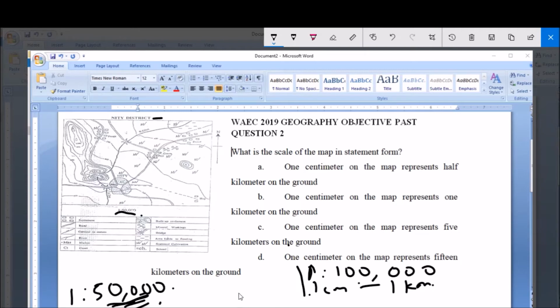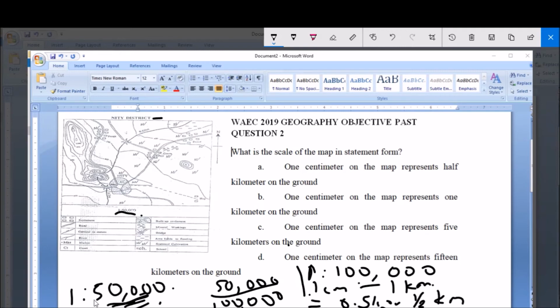So in this case, you will say 50,000 divided by our standard, which is 100,000. Now 50,000 divided by 100,000 is 0.5, and 0.5 is also half. So 0.5 kilometers or half kilometer.